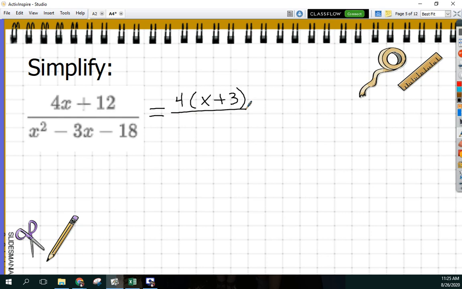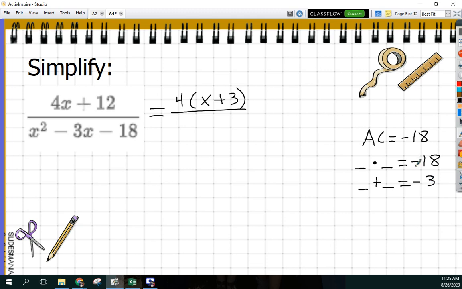Then in our denominator, we are looking for using our AC method. So a times c gives us a negative 18. So we're looking for two things that multiply together to give us negative 18, that add together to give us a negative 3. Again, going through our factors, hopefully we notice that if we combine 6 and 3, that would give us a combination of 18.